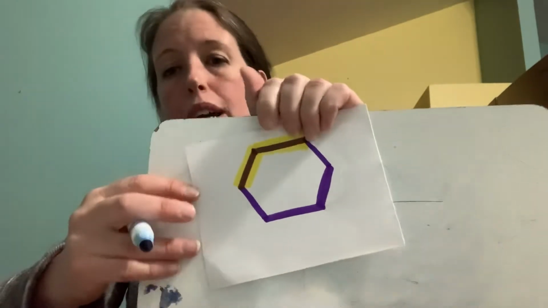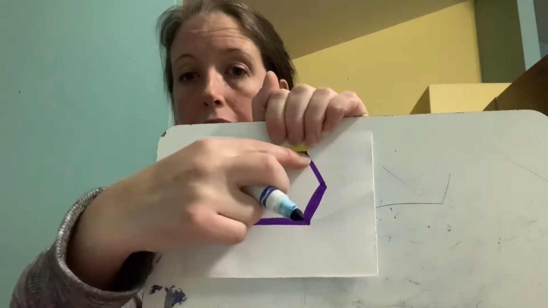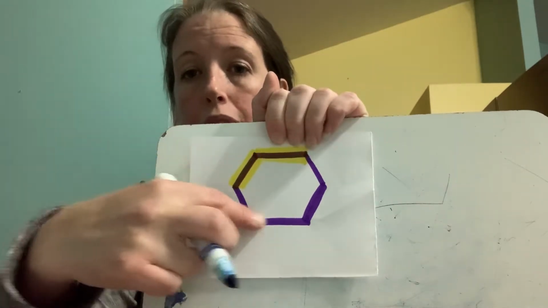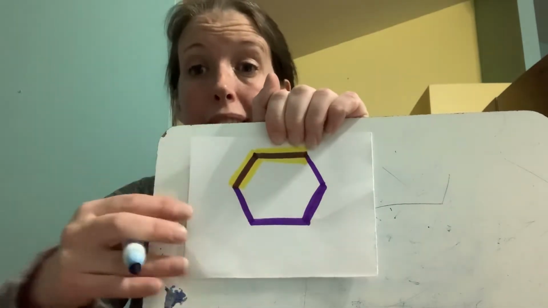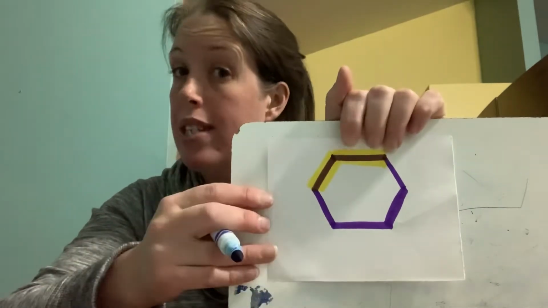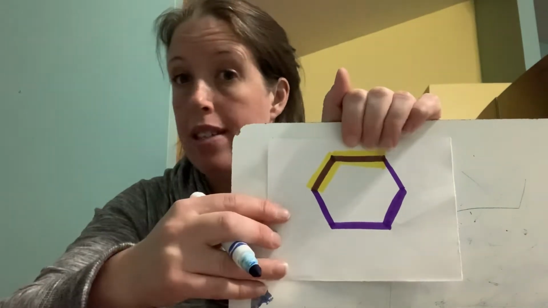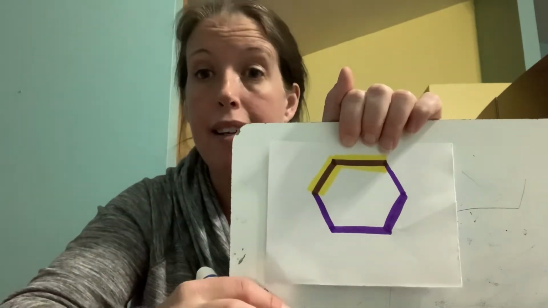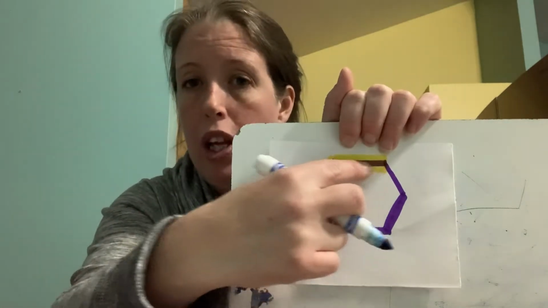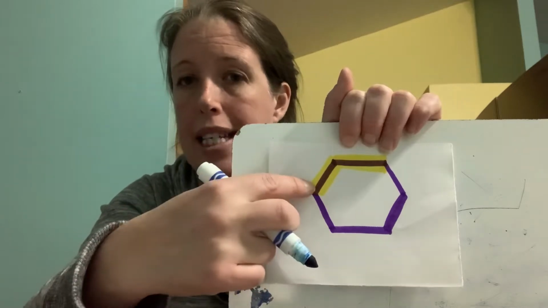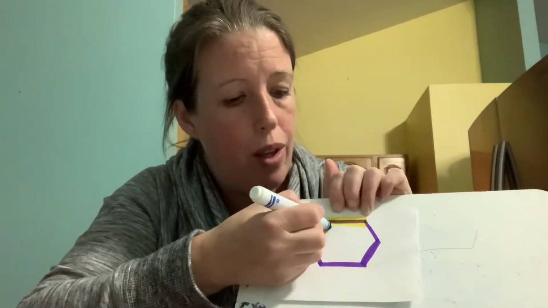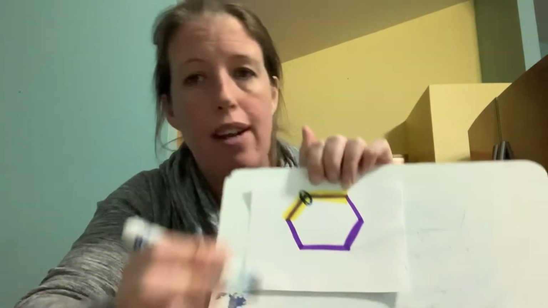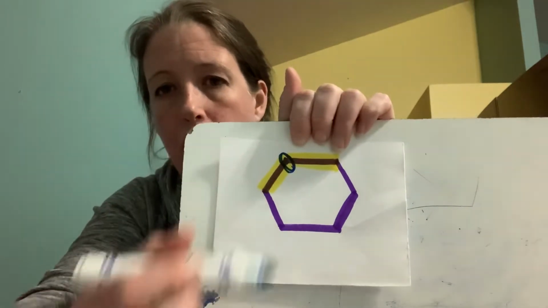Now let's take a look at this polygon. This polygon has 1, 2, 3, 4, 5, 6 different sides. And the sides are doing all different things. So we're going to focus on the sides that are highlighted in yellow. And when I look at these sides, I see right away at this vertex, they're touching.